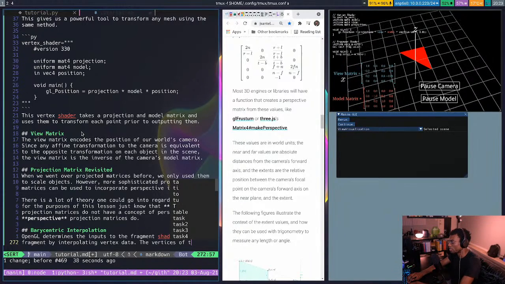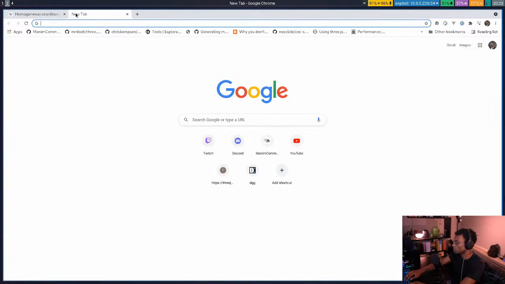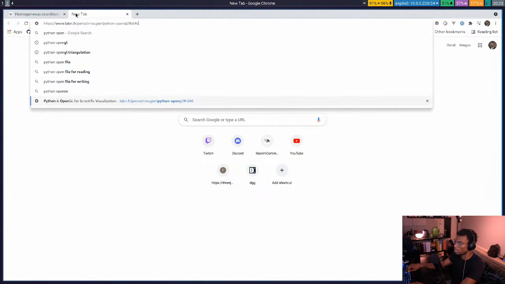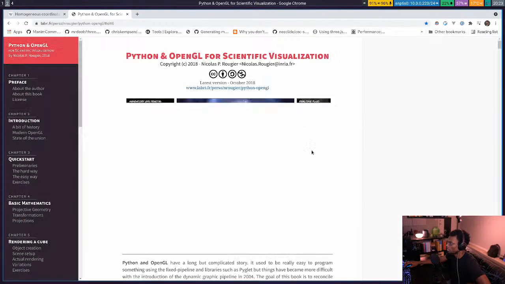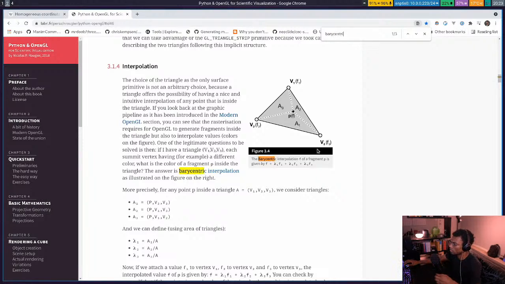I don't even know how I'd say this. Maybe I'll just go to the book. Let's see what this says. I wonder if this mentions barycentric interpolation. The rasterization requires for OpenGL to generate fragments inside the triangle, but also to interpolate values on the figure.